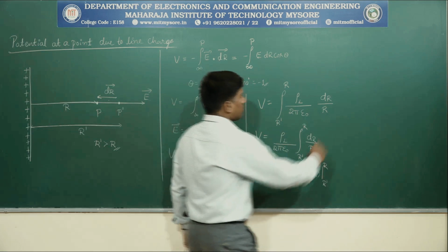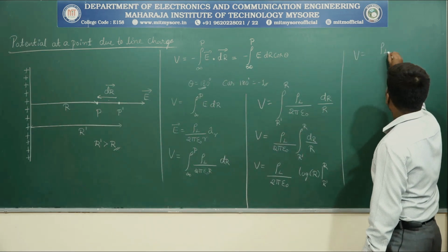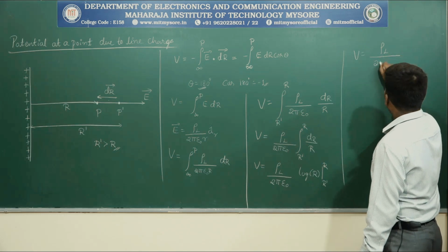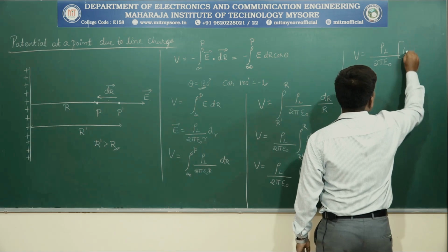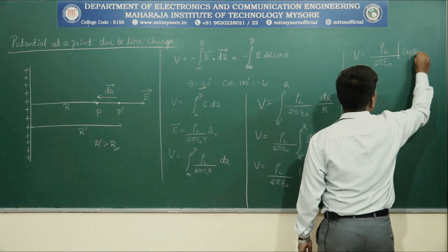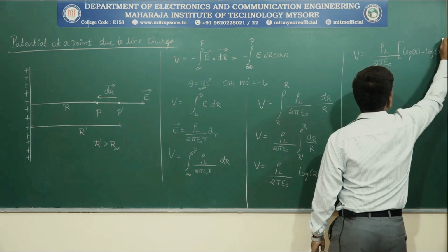Now, how to solve this? V is equal to rho L divided by 2 pi epsilon naught into log R minus log R dash.